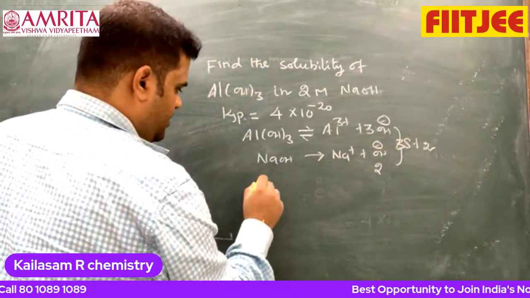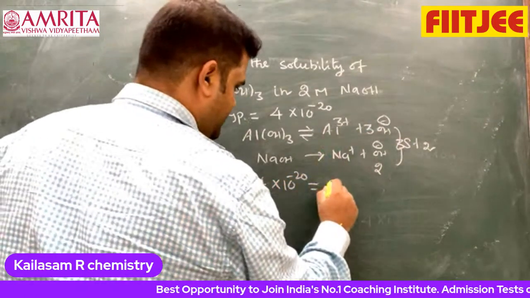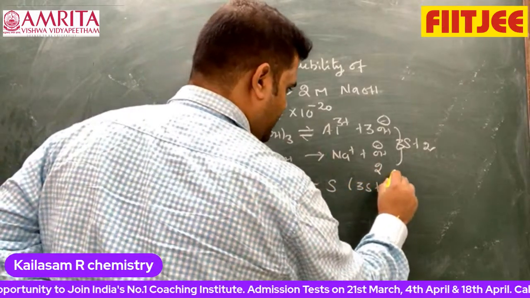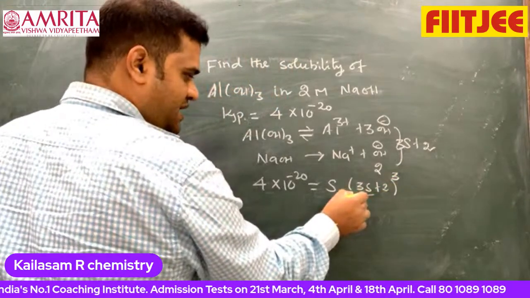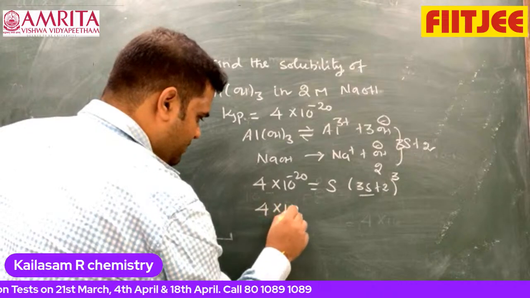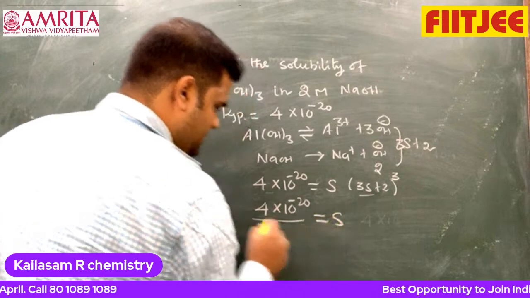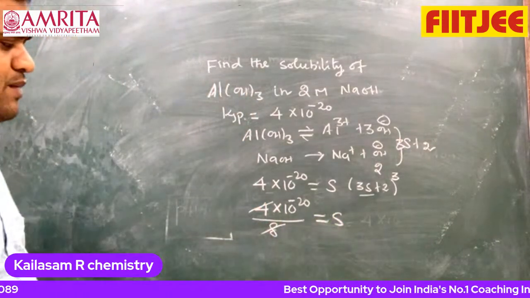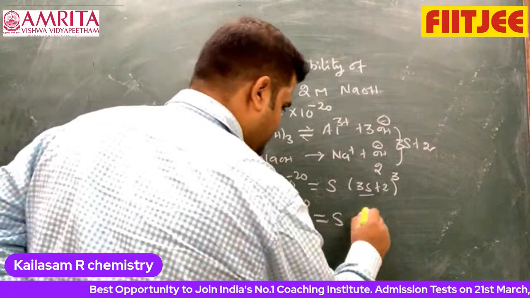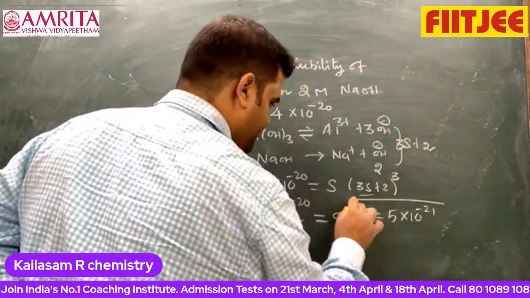Therefore, Ksp is 4 into 10 power minus 20, equal to Al3+, which is s, into 3s plus 2 whole power cube. 3s can be neglected. So 2 cube is 8. So 4 into 10 power minus 20 by 8 is equal to s. Therefore, 1 by 2 means 0.5. So s is equal to 5 into 10 power minus 21.